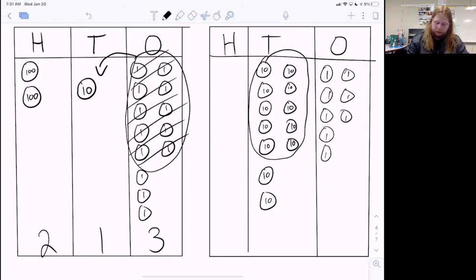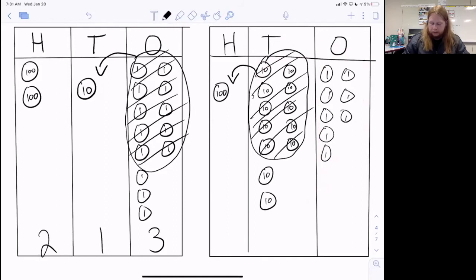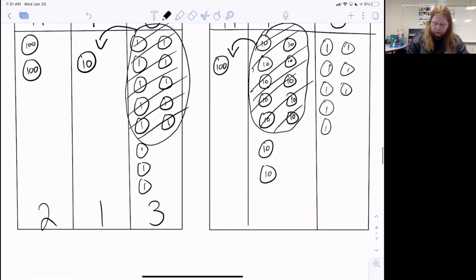And when you have a complete 10 frame, you can convert. So 10 10s turn into 100. All right, and we don't have these 10s anymore because we converted them, we exchanged them. So now we're left with 100, 2 10s, and 8 1s.